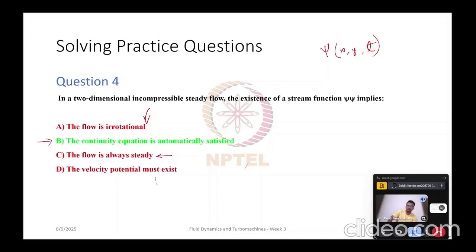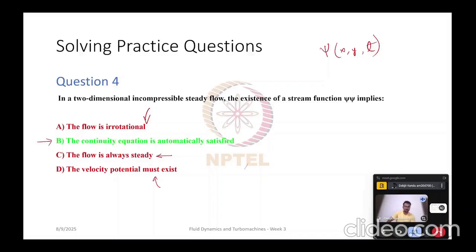And option D is connected to option A. Stream functions can be defined for rotational flows, and in that case a velocity potential won't exist, because velocity potential can only exist in case of irrotational flows only.